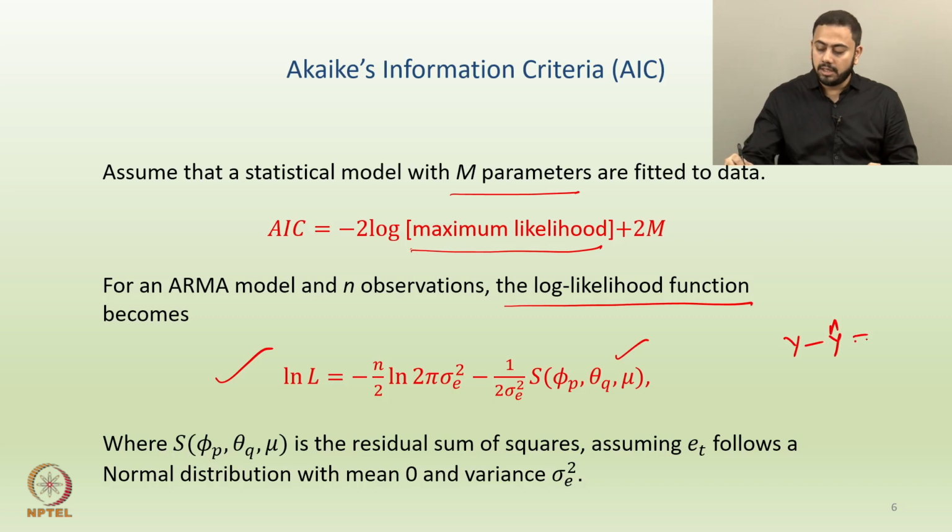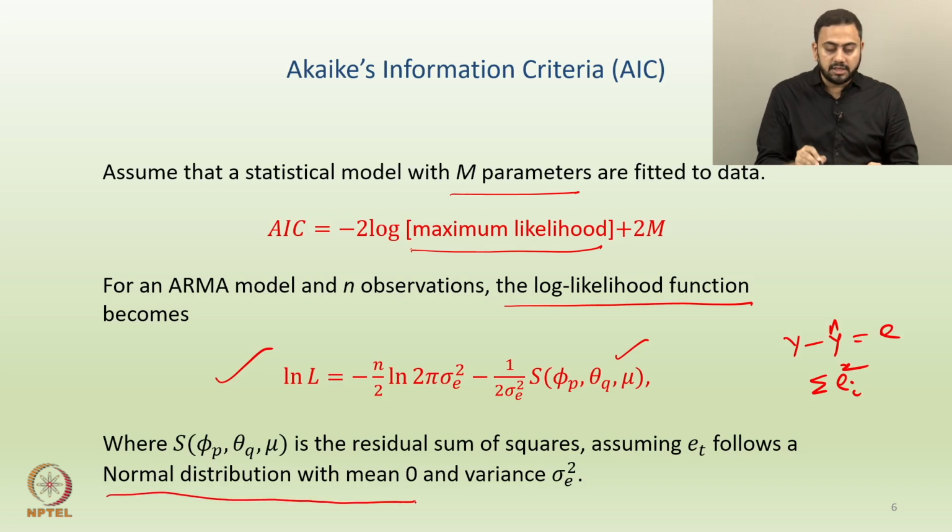Essentially you take the sum of the squared residuals, and this capital S represents that. We assume all my residuals, or errors, follow a normal distribution with mean 0 and variance sigma square E. These assumptions are consistent if you are applying a regression technique or a time series modeling technique.